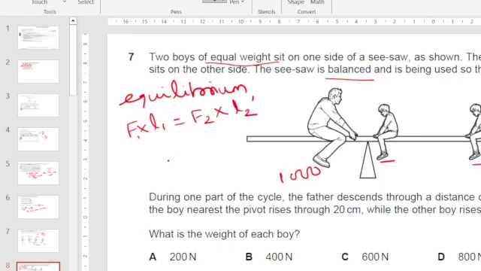So what is the force acting on one side? The seesaw is being used so that it moves up and down. During one part of the cycle, the father descends through a distance of 40 centimeter.